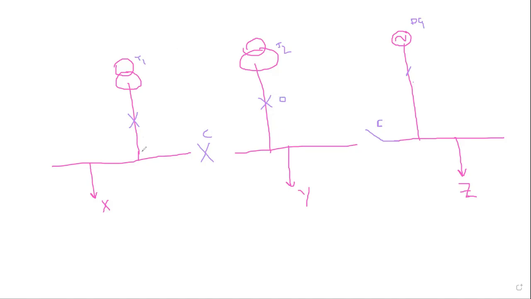So this transformer is feeding all the loads by closing this breaker and closing the switch. And after a few days, this transformer failed. If this transformer failed, then it has to be opened up.